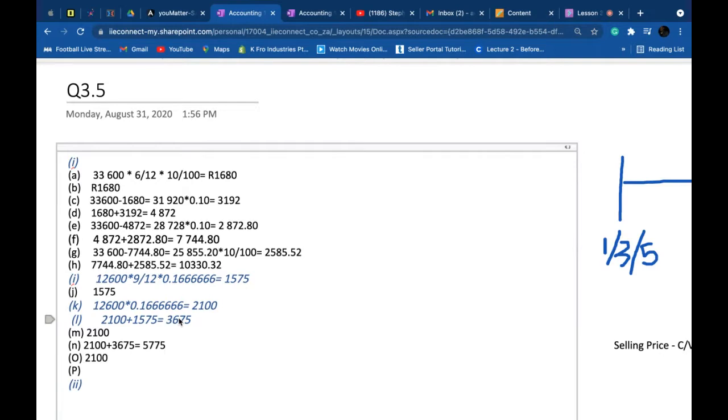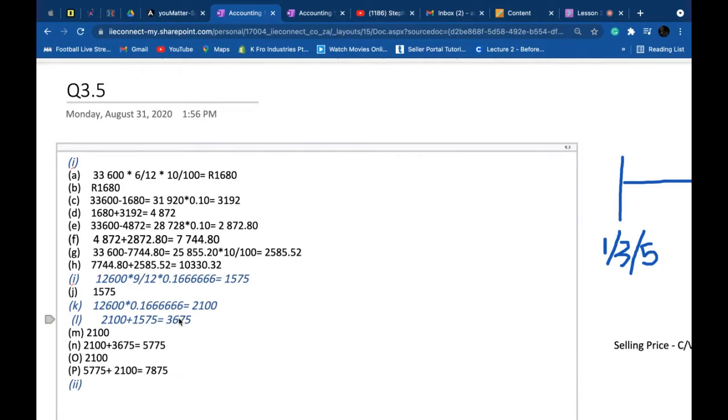Then P, we're saying 5,775 plus another 2,100. Okay, and that should give you what, 7,875, if I'm not mistaken. Right, so we've done all those calculations. We've dealt with I and II. Then we can go to the third and fourth bit.